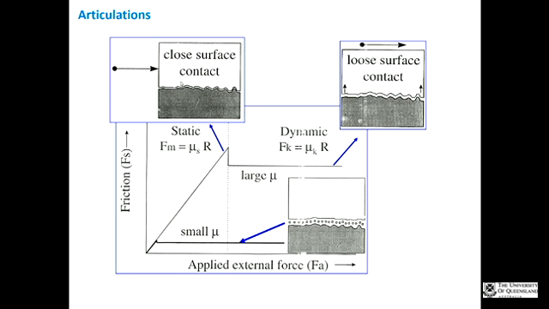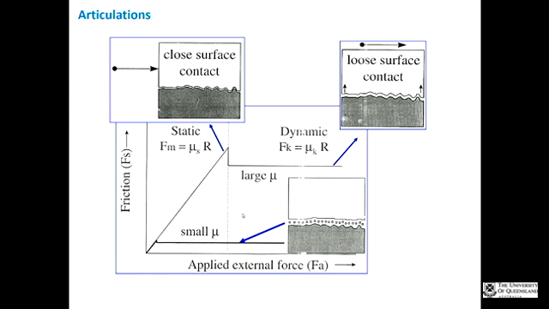And it's really because when things are sitting still, the surface irregularities kind of lock them together. Once you start them moving, because the surfaces are moving relative to each other, they're effectively sort of bouncing along and don't lock any longer. So hence you get this little drop in the friction.